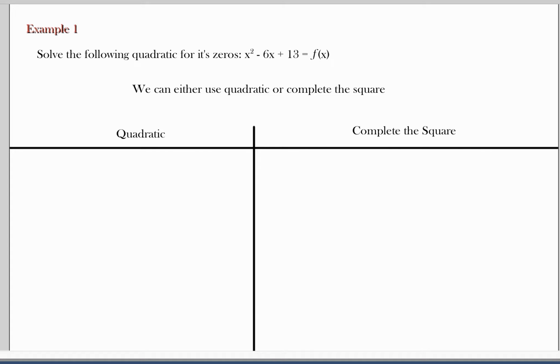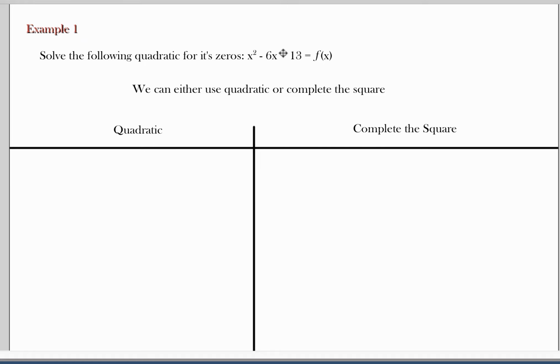So that's all we're going to be doing today. We're going to be doing either the quadratic formula to find the roots or completing the square. And to tell you the truth, I bounce between the two depending on how easy the leading coefficient and the b value look. So for example, if you were to give me this number 1, I would immediately go for completing the square.